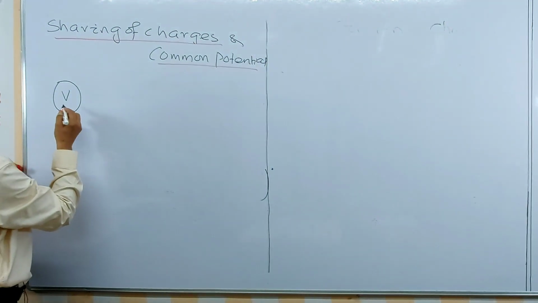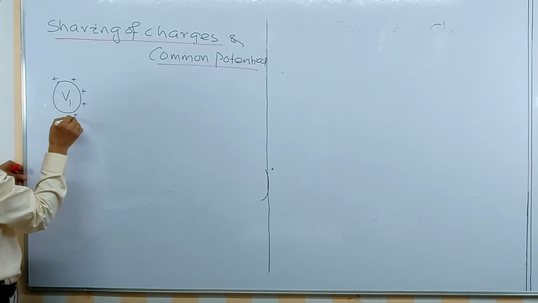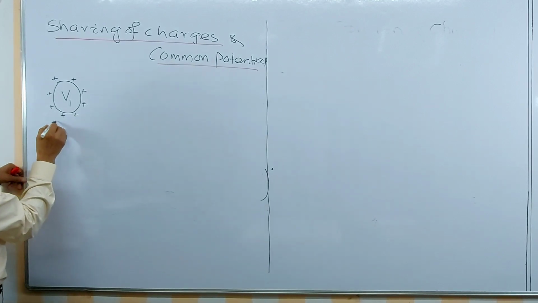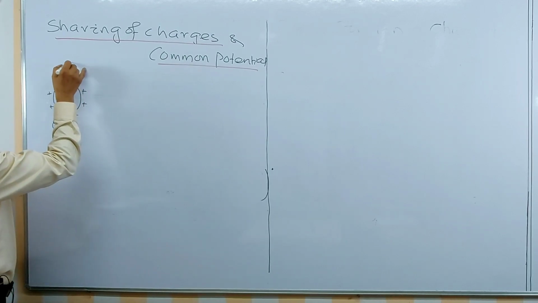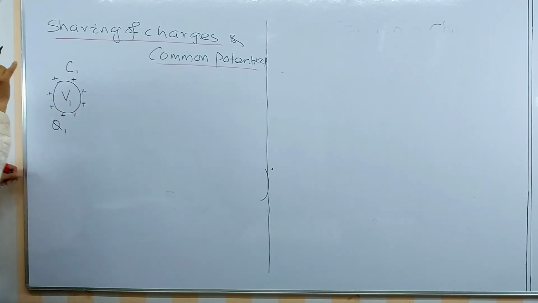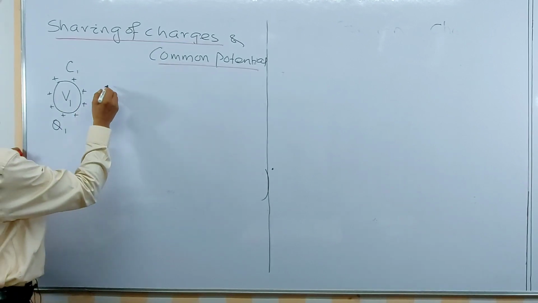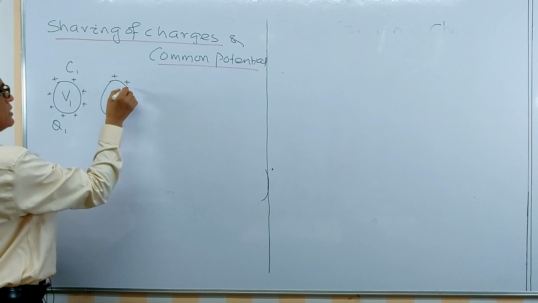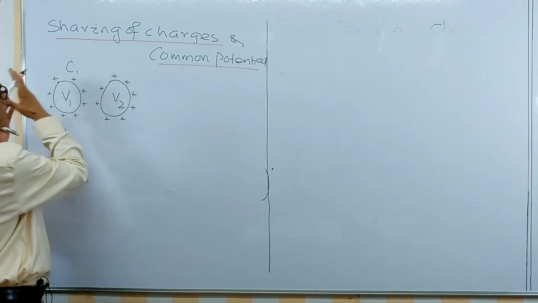Now this is a conductor having a potential, positively charged, say, and the charge is Q1, capacity is C1, voltage is V1. Another conductor. They are not connected, remember, they are separated.